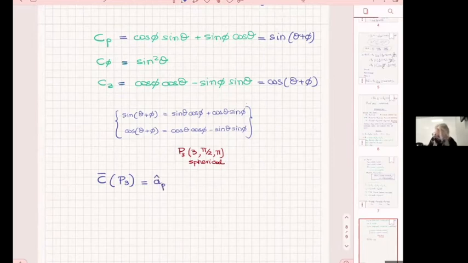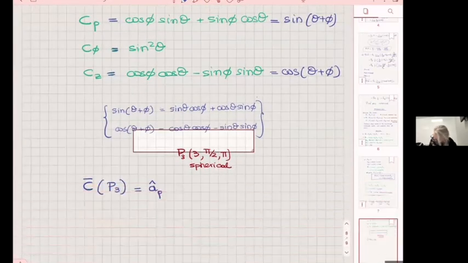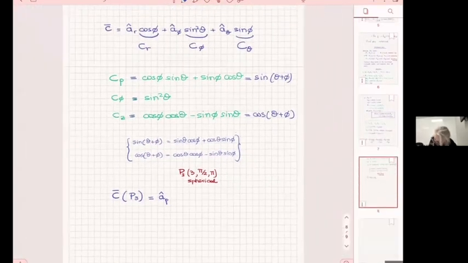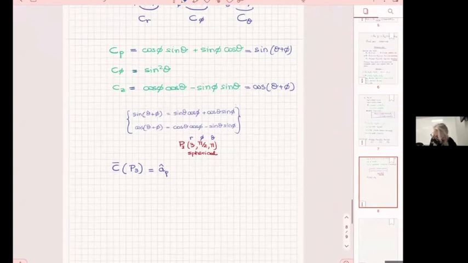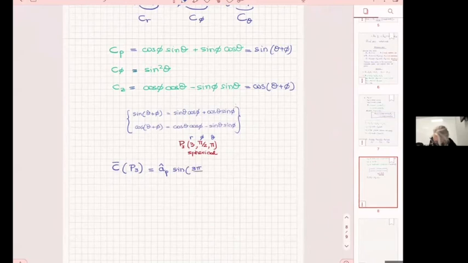C of rho will be... Here, let me tell you according to that, it's going to be r, this is the original vector. This is phi, and this is theta. Okay, so now let's see what it is. C sub rho here is sine of the sum of the two, which is 3 pi over 2. How much is sine of 3 pi over 2?